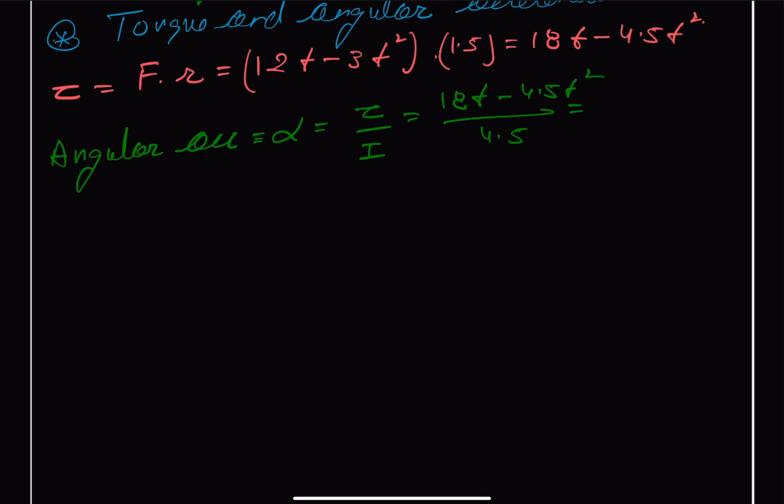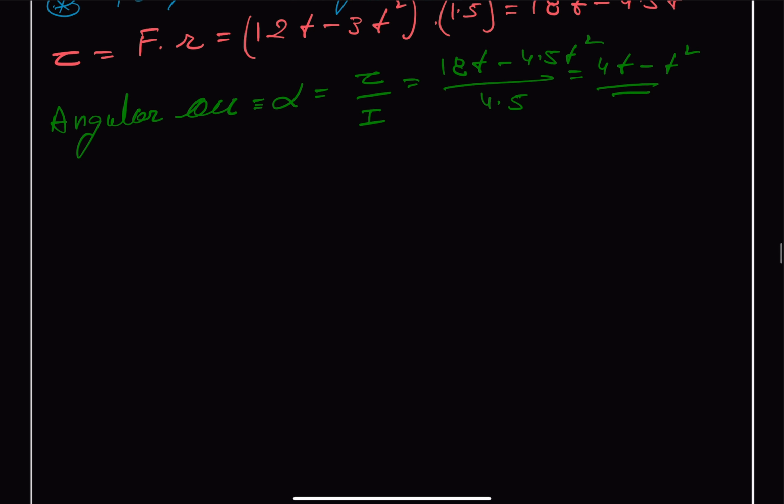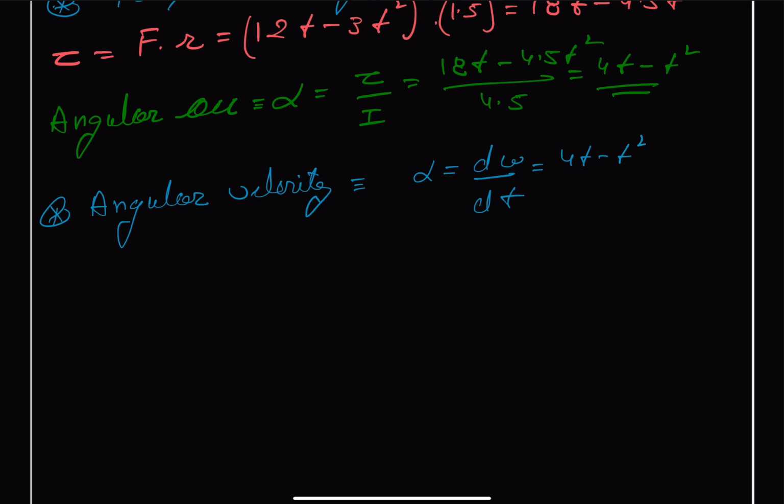So this comes as 4t minus t square, radian per second square. From here we can find out our angular velocity. We know that angular acceleration is the derivative of angular velocity, and angular acceleration is 4t minus t square.